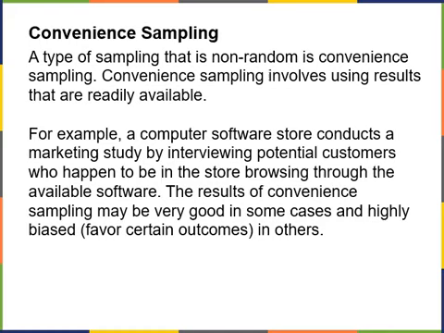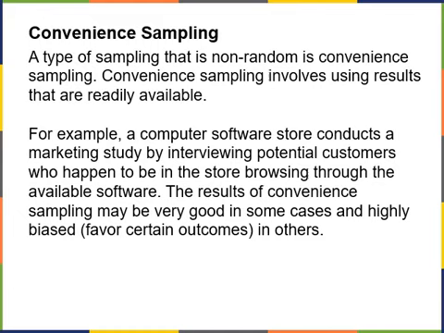So, for example, let's say you work for Best Buy. Okay, and they are conducting a marketing study by interviewing potential customers who happen to be in the store browsing through available computer programs.